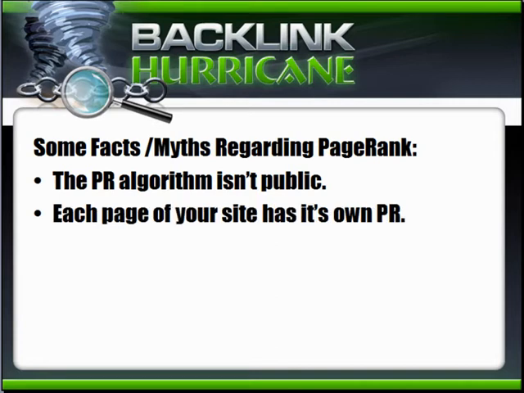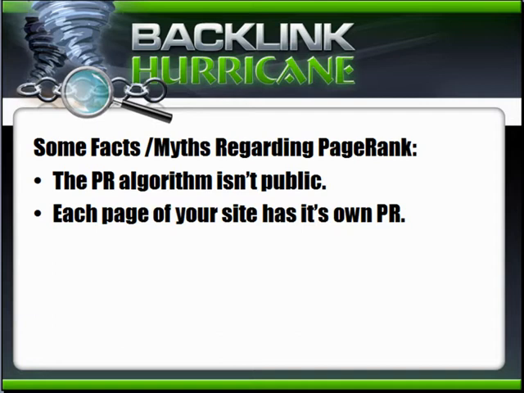Some people assume that just because your home page has a PageRank of 4, that means the entire site has a PageRank of 4. And that's not so. Usually the home page of a site does have the highest PageRank because it's the landing page, it's where everybody comes, it's where the most action is. But each page within your site has its own PageRank.